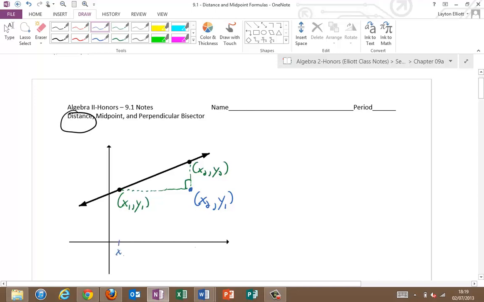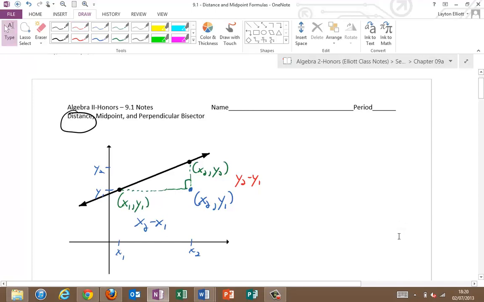This is x1 here on the x-axis, this is x2, this is y1, and this is y2. What that means is that the base of the triangle, the bottom of the triangle, is a horizontal distance, and that would be x2 minus x1. My vertical distance would be a y change, y2 minus y1.